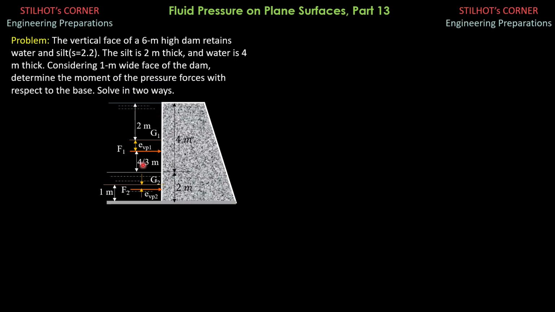But we need to solve E sub VP2, the location of the centroid of area 2 in contact with silt, because the height is 2 meters, is 1 meter above the bottom of the dam. So F1 equals gamma of water, specific weight of water, times HG1 times area 1, which is 1 meter wide by 4.